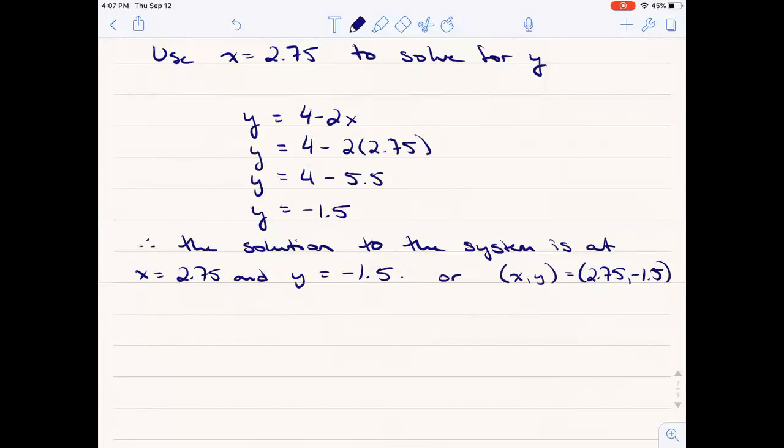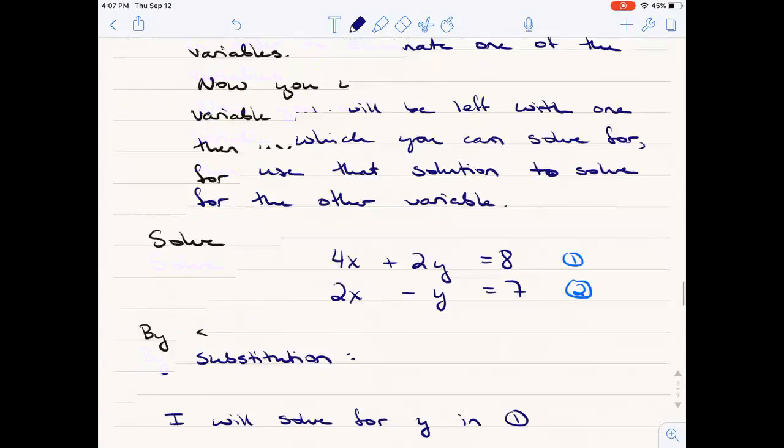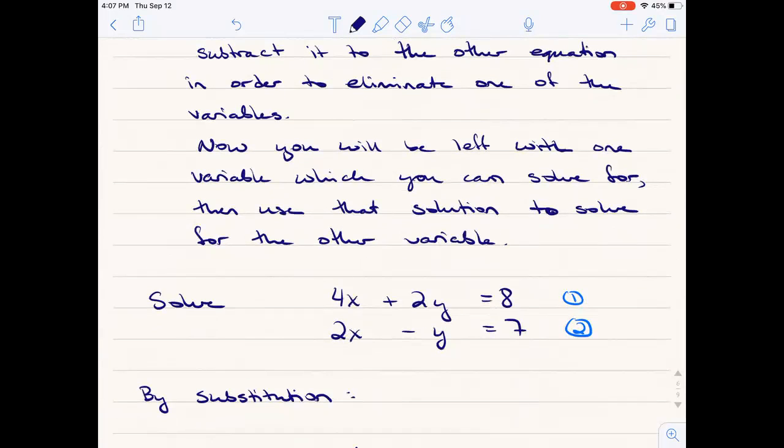When we're solving a system of equations, we know, scroll all the way to the top here, that x equals 2.75 and y equals negative 1.5 has to make both of these equations true. So we can plug in our values and double check that we get the right answers. If we don't, we've done it wrong and we have to go back and look. So that's what's really nice, you have the option of checking your work.